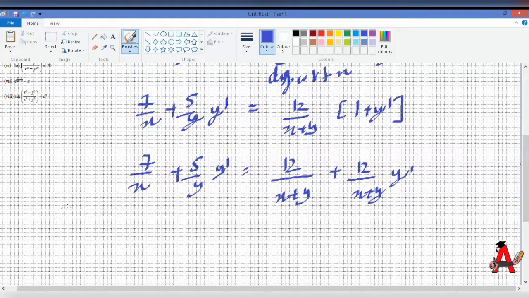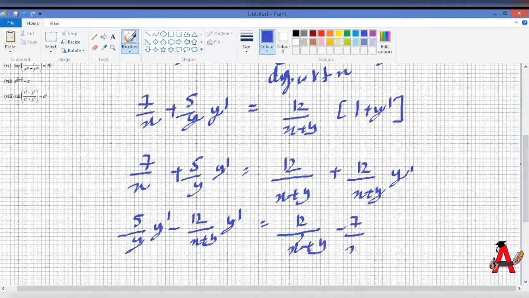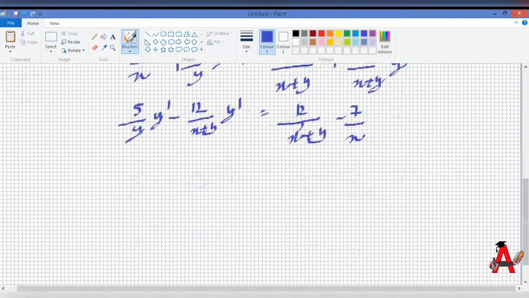Now we will put the y dash values together. So this will come this side. It will become 5 upon y y dash minus 12 upon (x plus y) y dash is equal to 12 upon (x plus y) minus 7 upon x. If you take the LCM, you will take y dash common here.